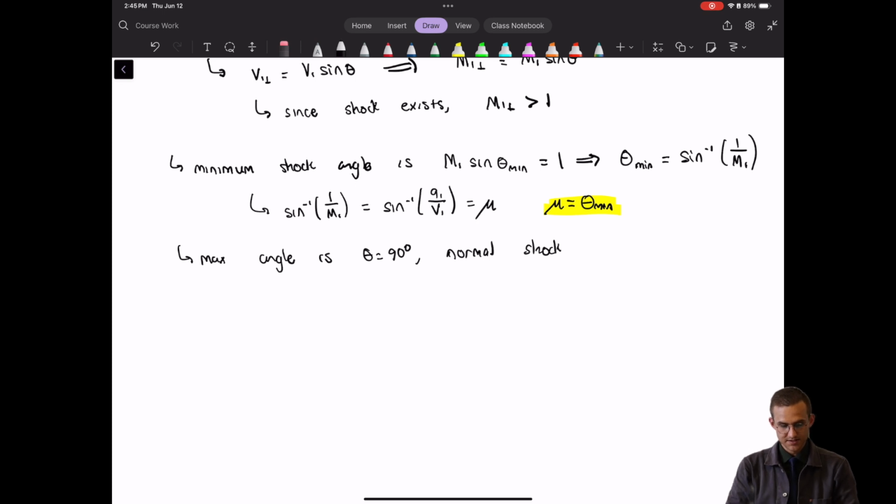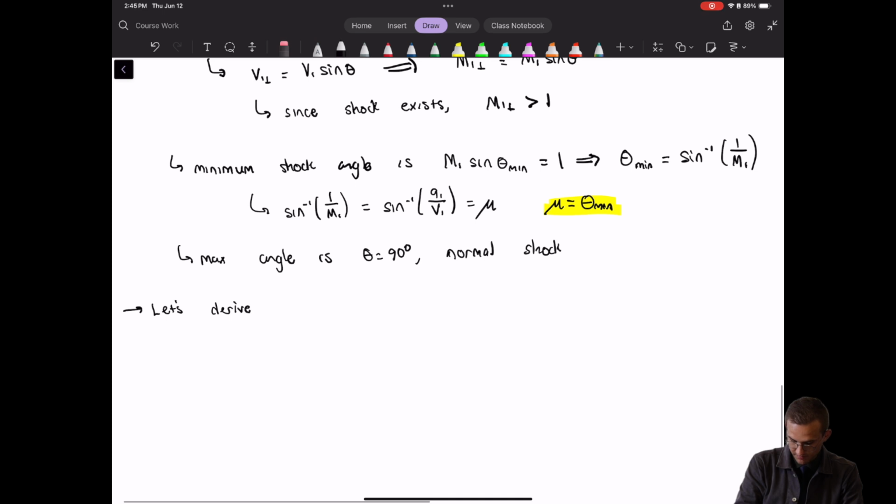All right, so next we want to find an expression for the deflection angle. So let's derive an expression for delta.